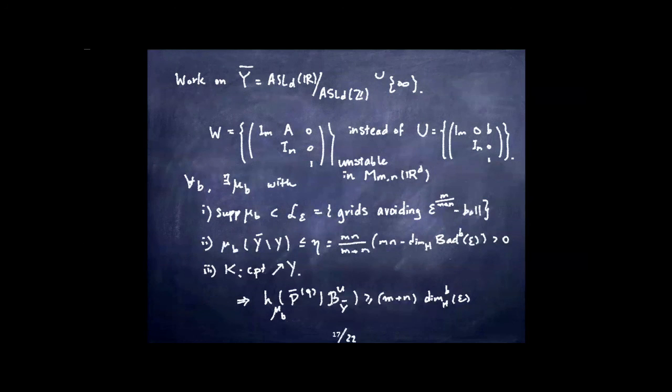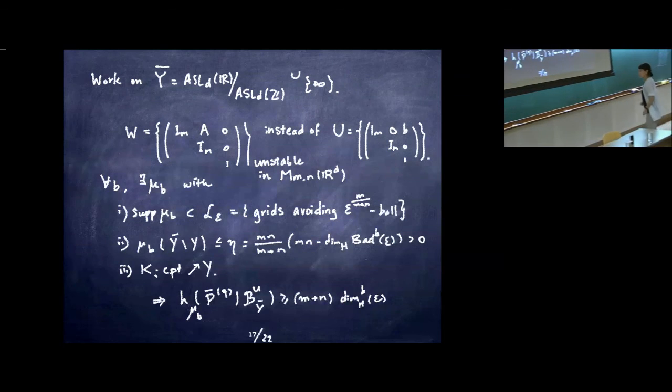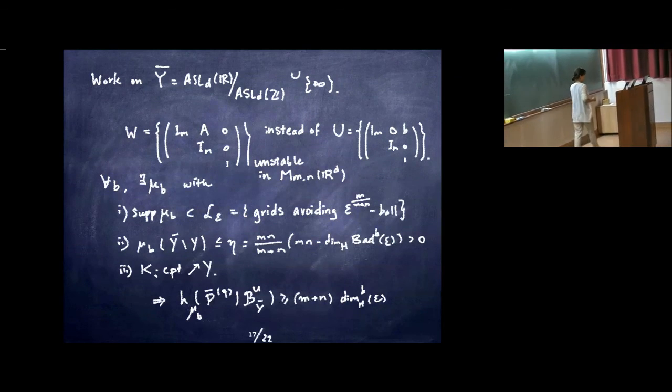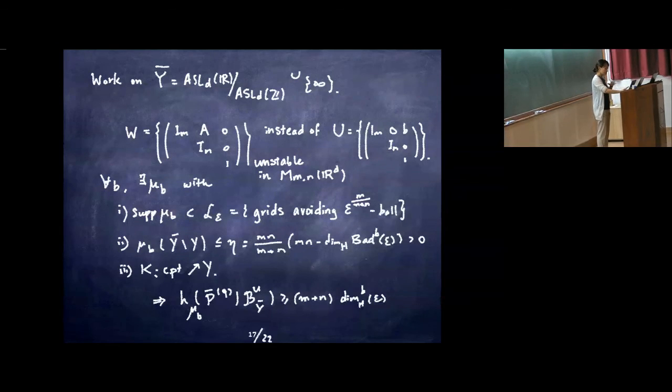Now we have these U-invariant measurable sets in Y, or Y-hat, Y compactified if you want. But by and large, it's a similar idea. And if you have full Hausdorff dimension, then you will have maximal entropy, so we'll have invariance.